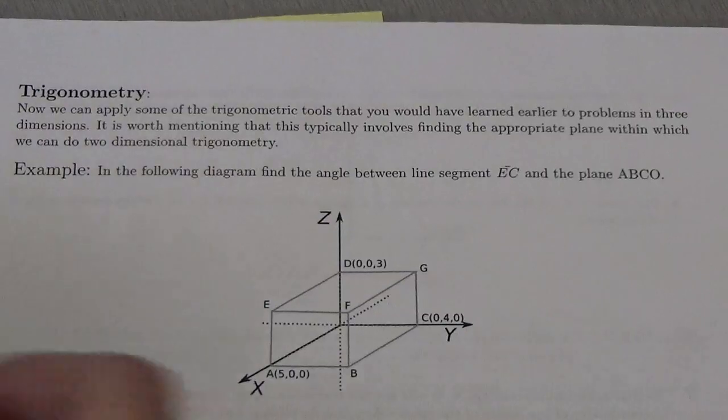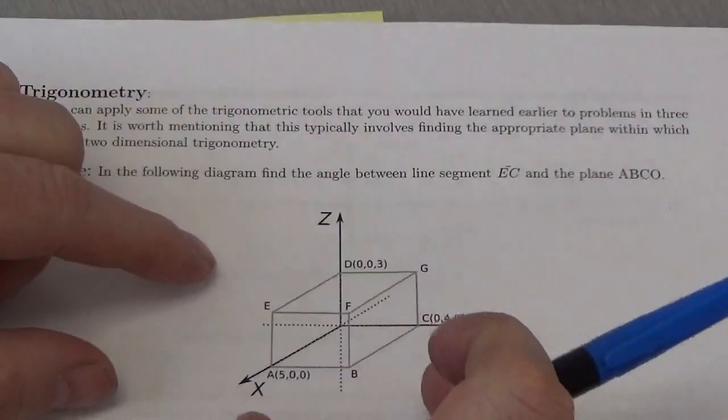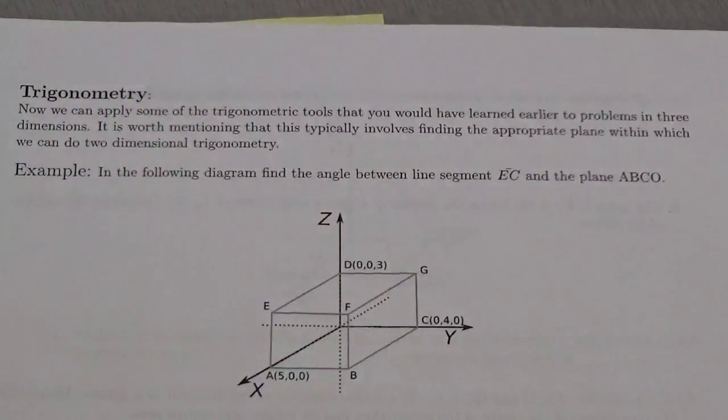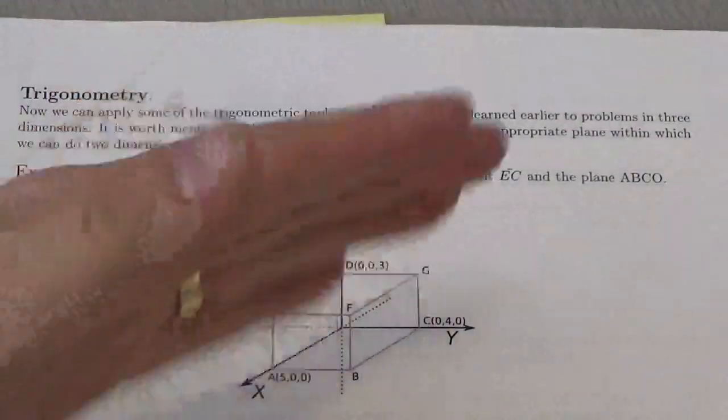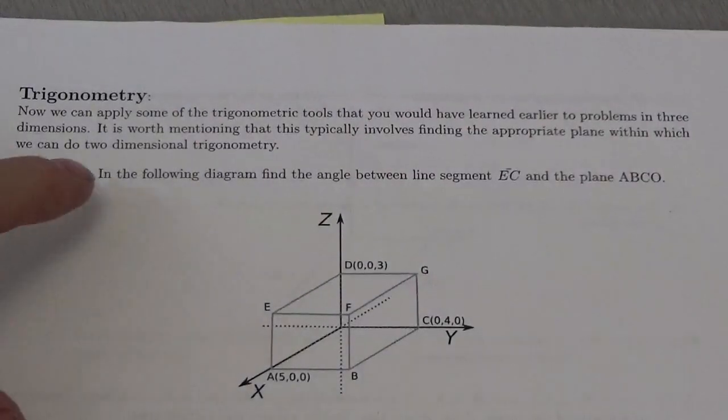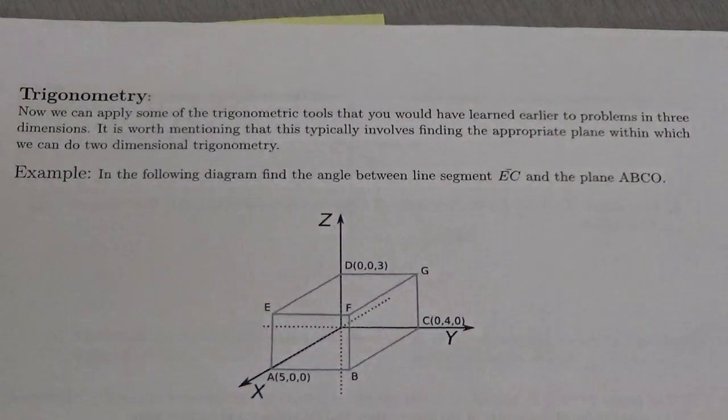Now, the way you do this is, when you're looking at the picture in 3 dimensions, to use trigonometry, typically we're going to find the plane that cuts this object in the way that we want, so that we can actually apply our 2-dimensional trigonometry.